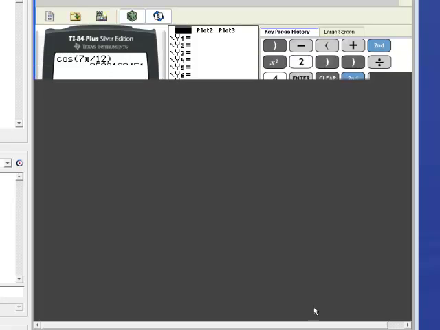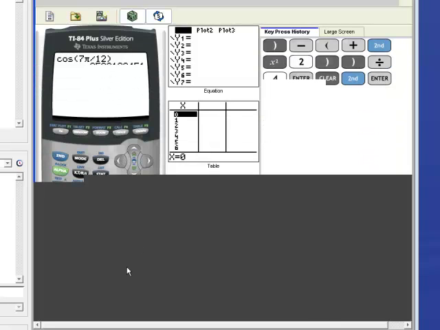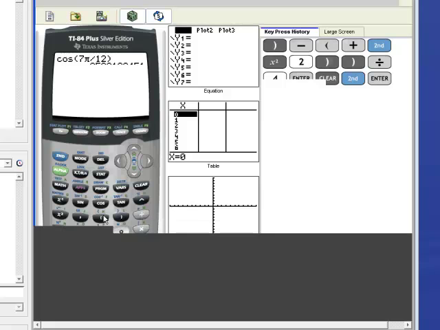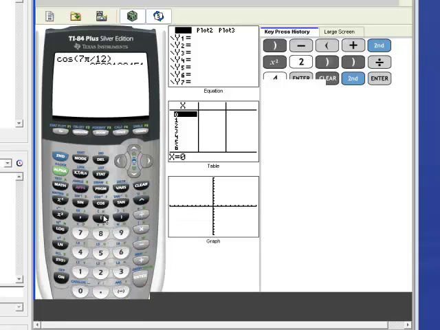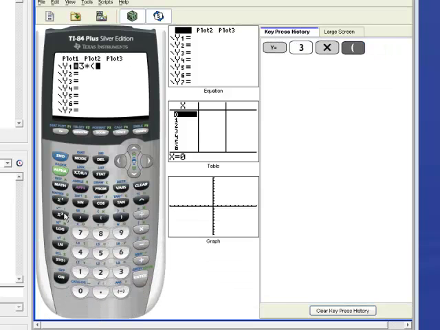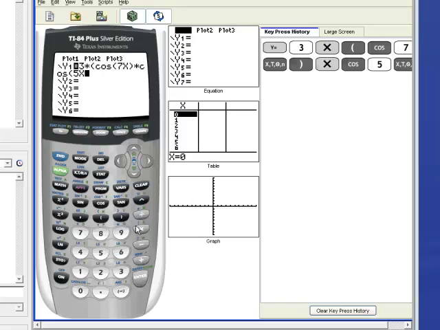Okay, don't need this here. Go over here. 3 times parentheses. So I'm going to do the whole thing here. Cosine 7x times cosine 5x plus.